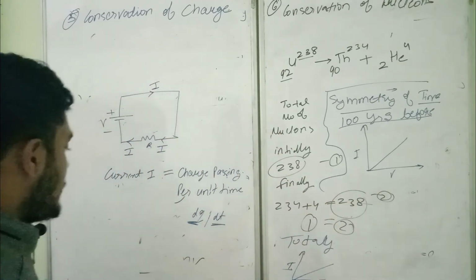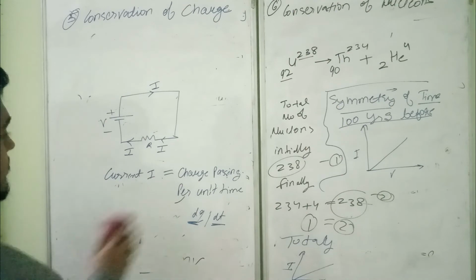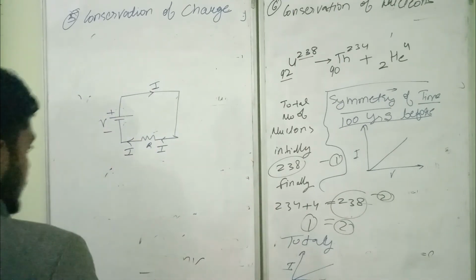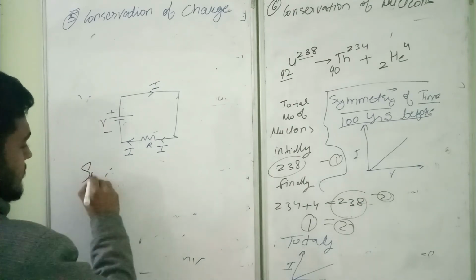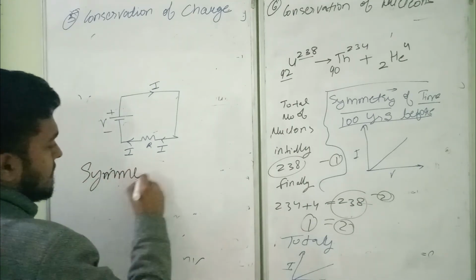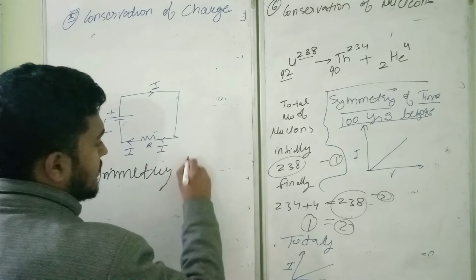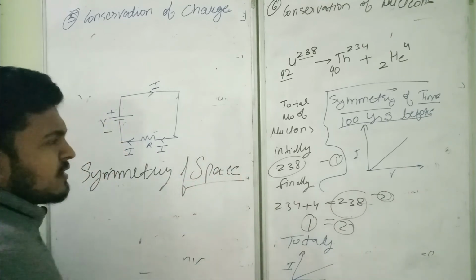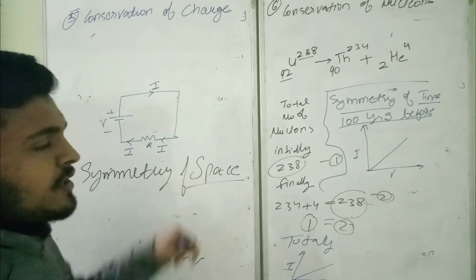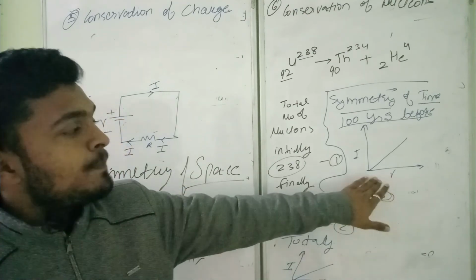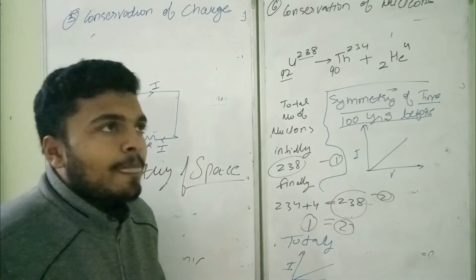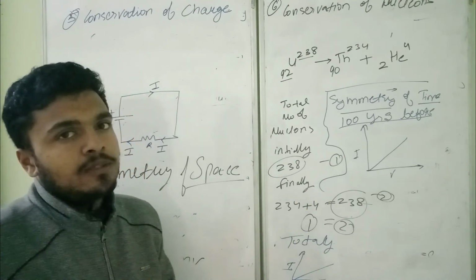Similarly, there is another thing, that is symmetry of space. Symmetry of space, what does this mean? This means that for this VI characteristic experiment, if you perform it at your college, what result will you get?